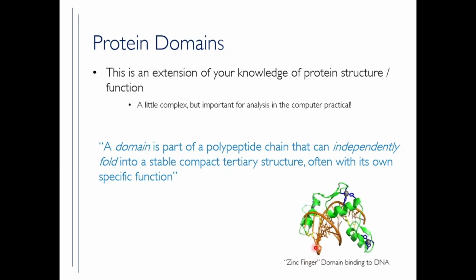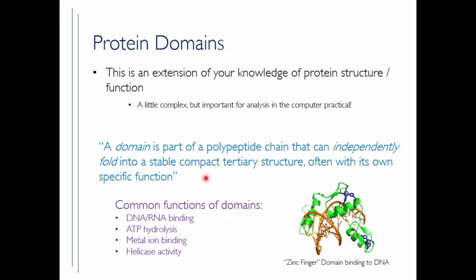Importantly, this is one example, a zinc finger domain, whose function is very good at binding into the major groove of DNA, so it can bind to DNA. And as you can see here, there are loads of different functions. This is not an exhaustive list. So we've got DNA binding there. Things with DEAD boxes are able to bind to RNA.